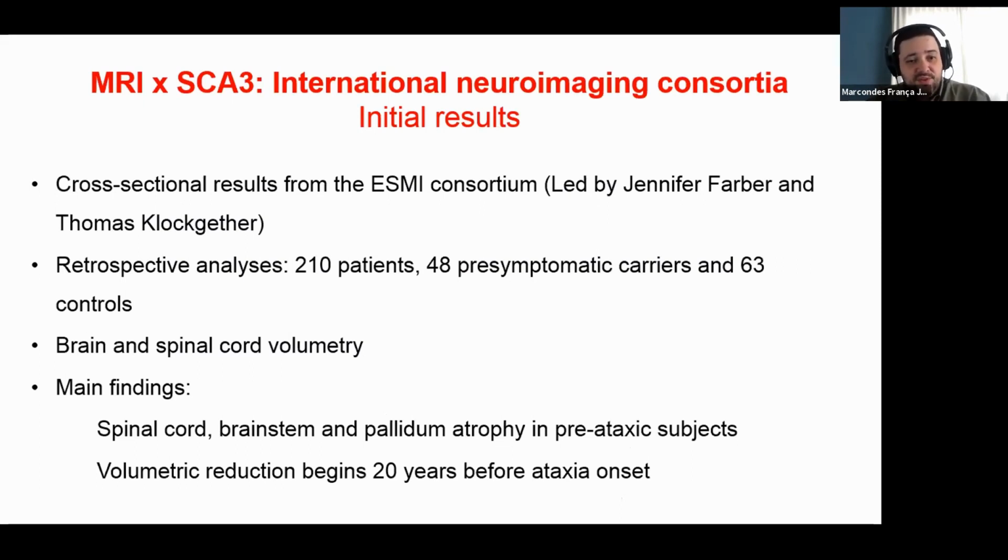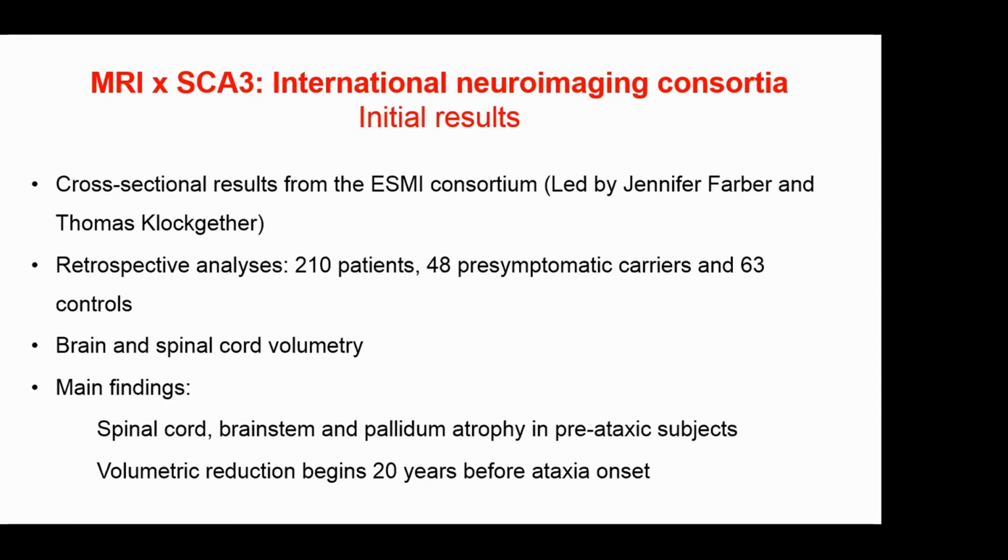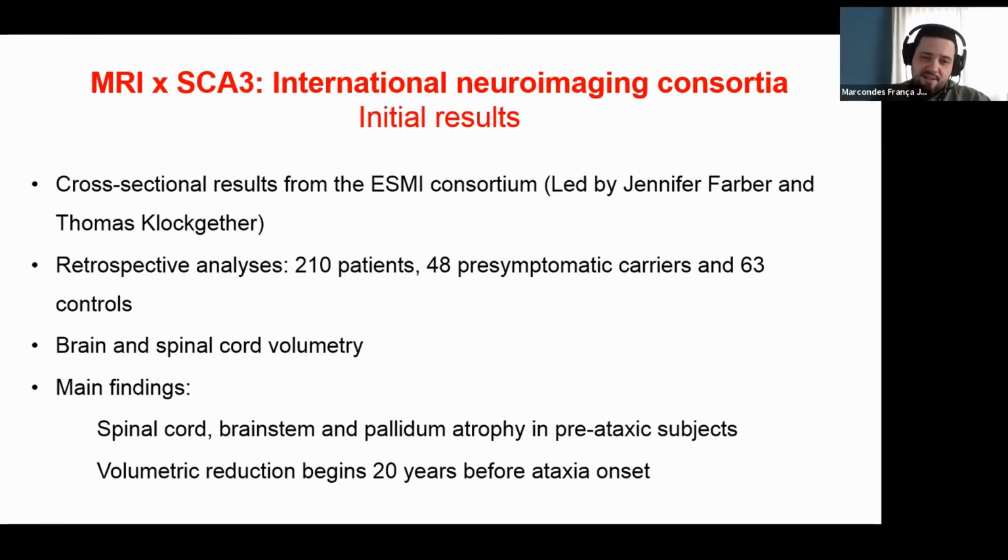So this is a cross-sectional result from the ASME consortium led by Jennifer Faber and Thomas Klockgether. The authors were able to collect data from an impressive cohort of patients: more than 200 subjects, almost 50 pre-ataxic carriers, and more than 60 controls. In this initial evaluation, the authors focused on brain and spinal cord volumetry.